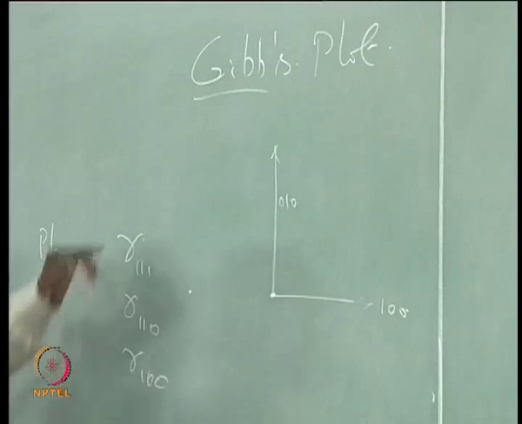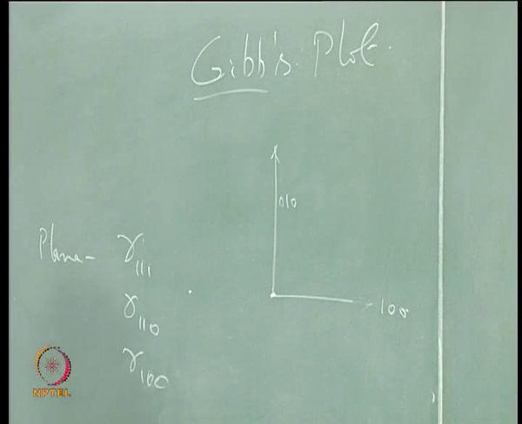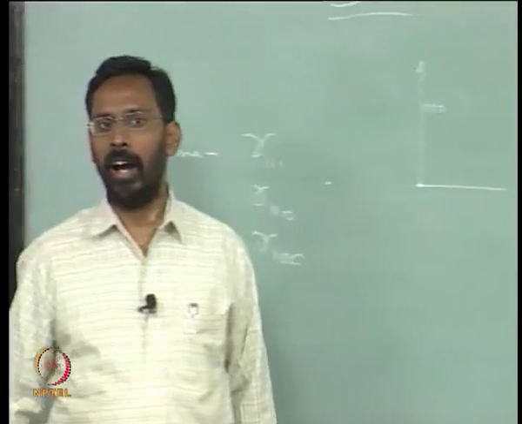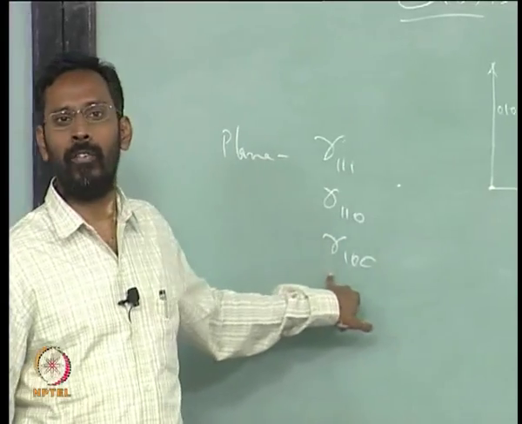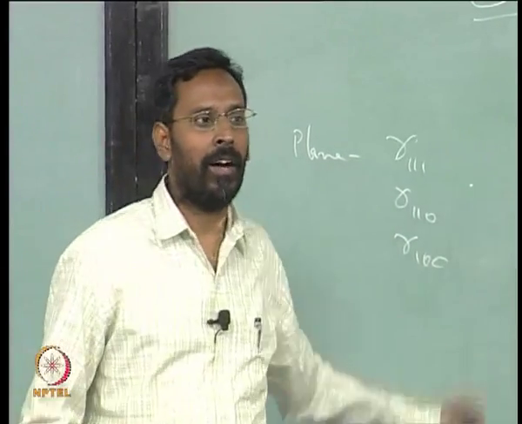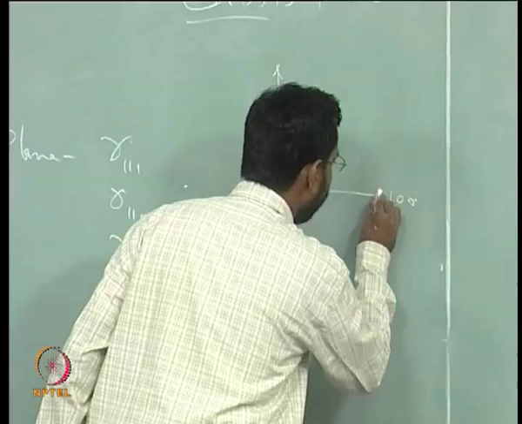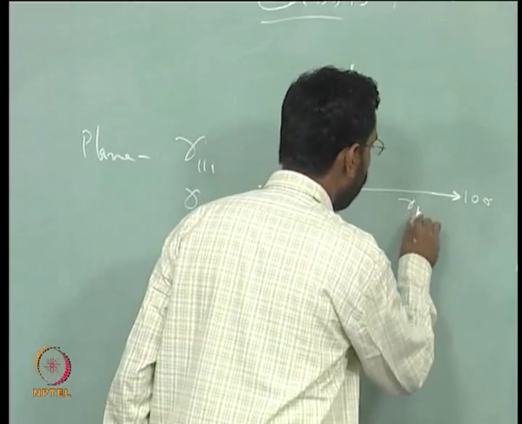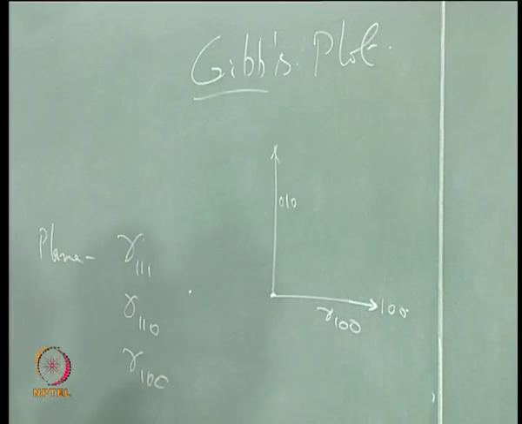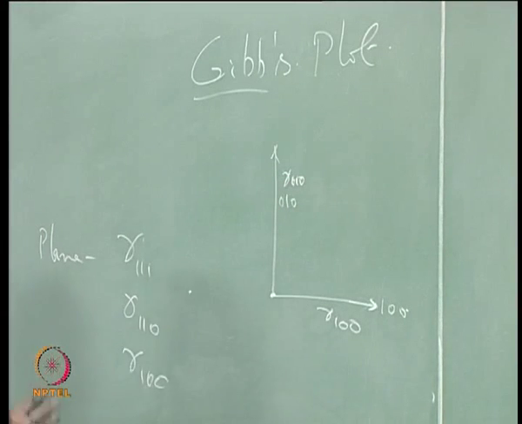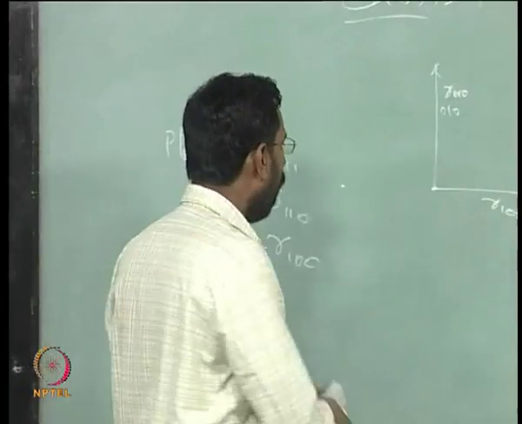In each direction, the length of this particular vector I take as a scaling of the surface energy. If I take a vector like this, it represents gamma of 100, and this is gamma of 010. That means for every surface I show the surface energy in the form of a vector.